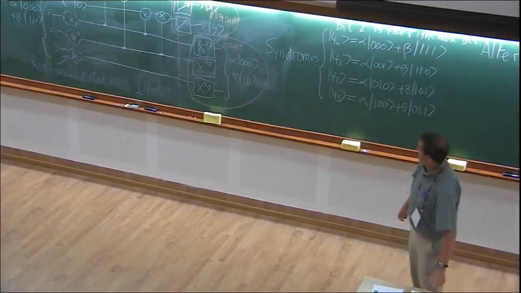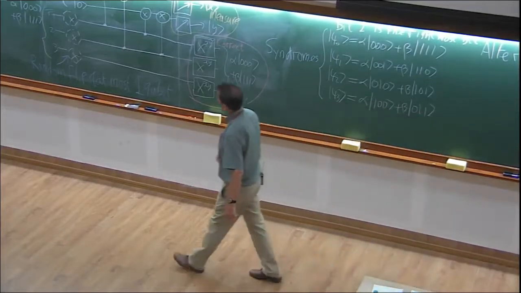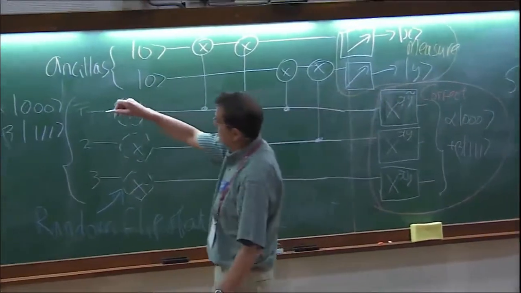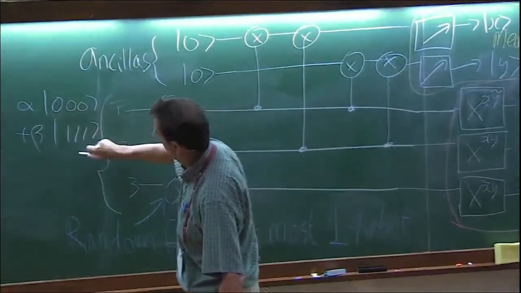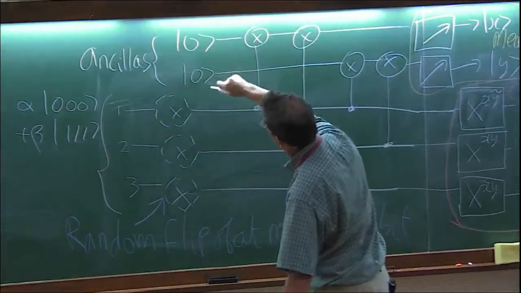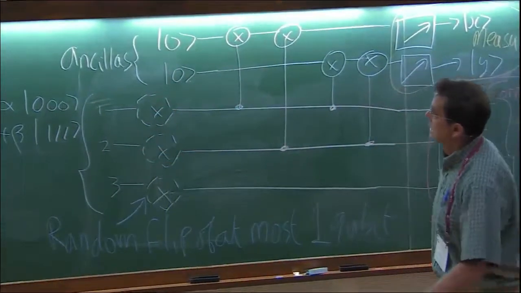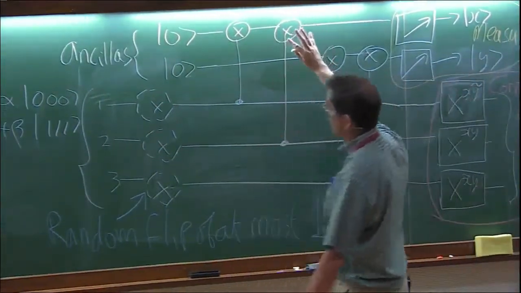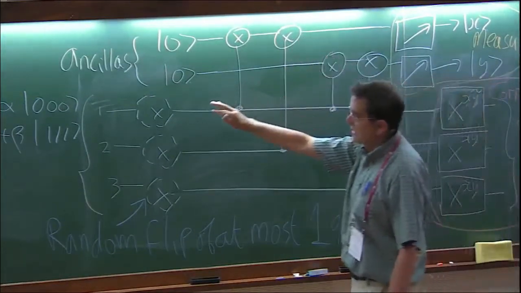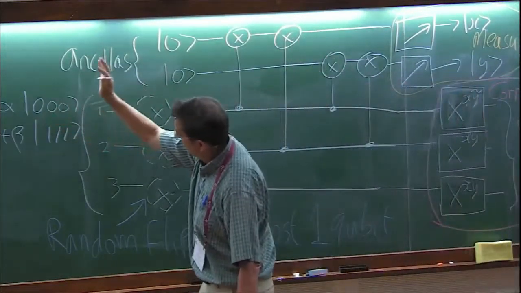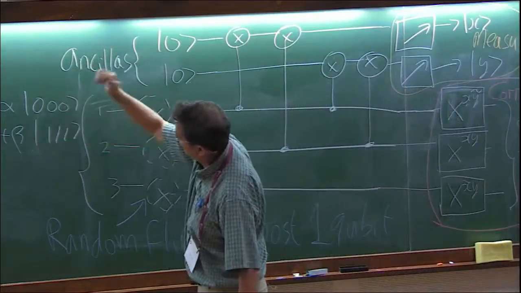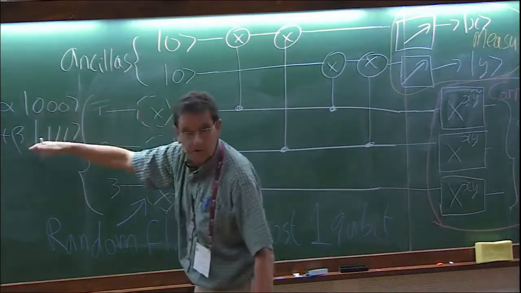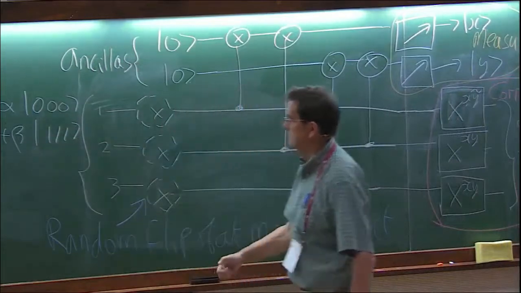Where was I? Okay. So we connect the state which we want, which will in general be some linear superposition, to some ancillary qubit, and then we do the measurements on the ancillary qubit. We can't do the measurement to see if there's an error on the state itself, because that would destroy this linear superposition.